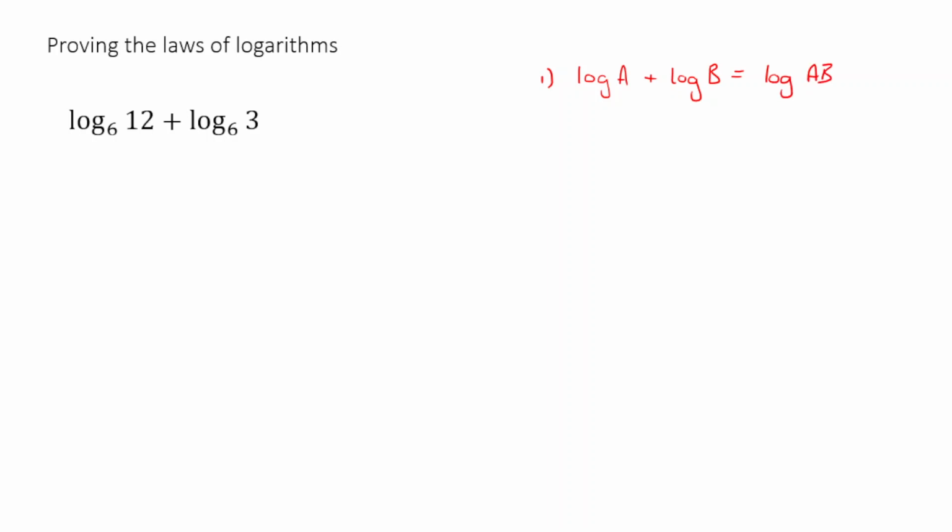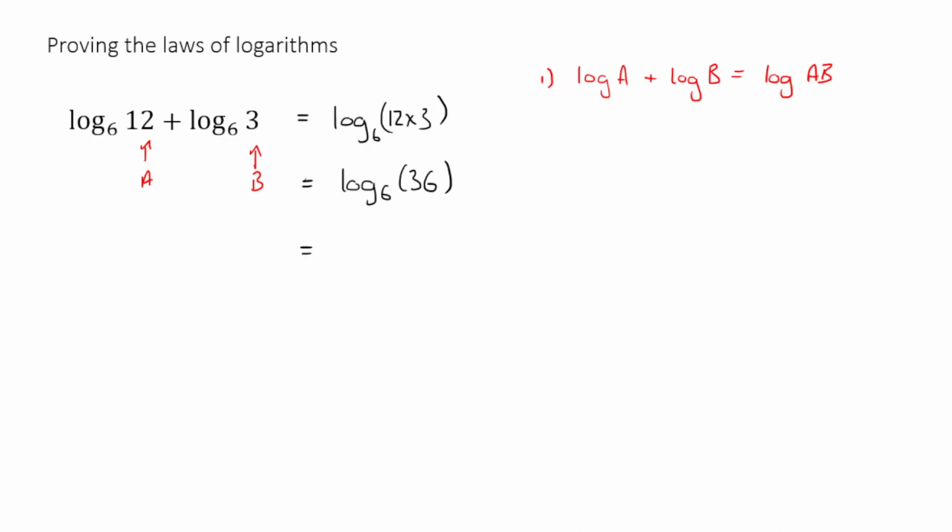So here, the 12 is my A, and the 3 is my B, right? So if I've got log 12 plus log 3, then what I should have is log of 12 times 3, right? So I get log base 6 of 12 times 3. And we know that 12 times 3 is 36. Log base 6 of 36.